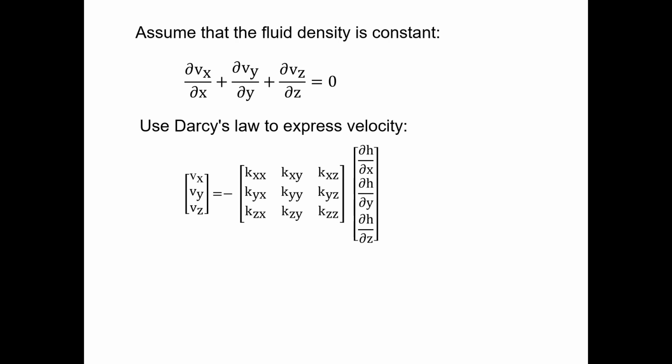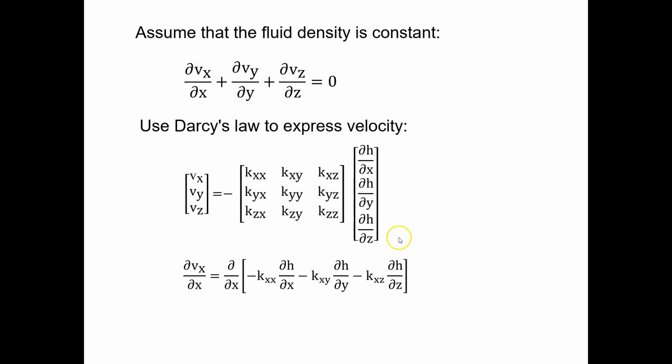Therefore, we can go back to Darcy's law, and we're working in 3 dimensions now, so we have to use the 3-dimensional version of Darcy's law. If we remember how to do a matrix multiplication, Vx is equal to minus kxx times del h del x minus kxy times del h del y minus kxz times del h del z.